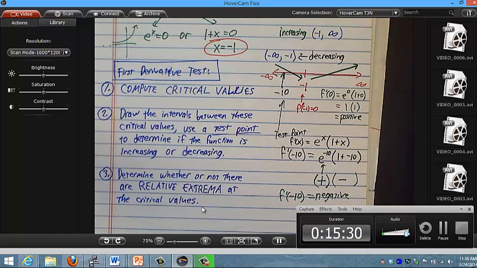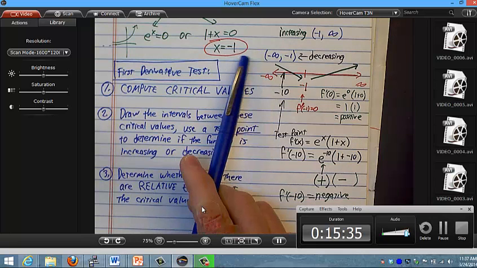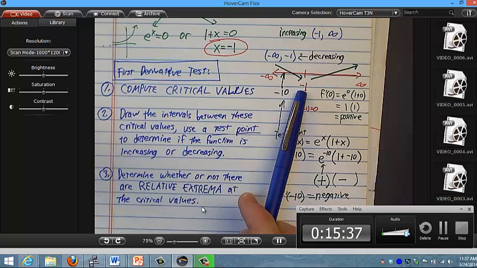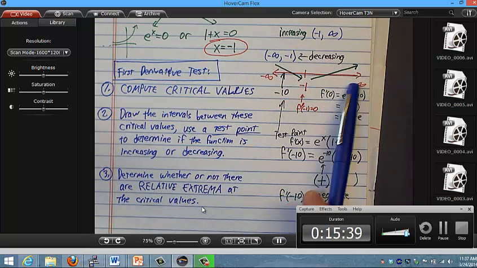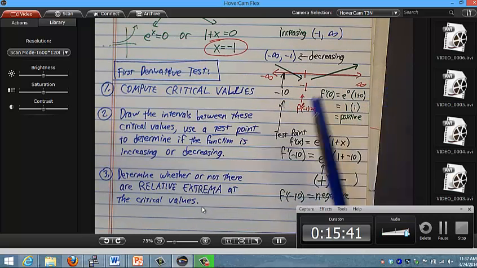Here's the deal, guys. I'm telling you that the function is decreasing until it gets to -1, and from there on out, it's increasing. And when I say relative extrema, there's two kinds.